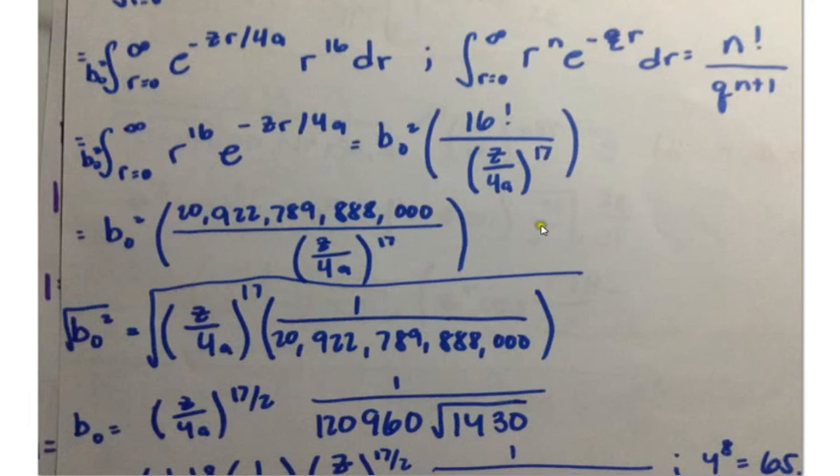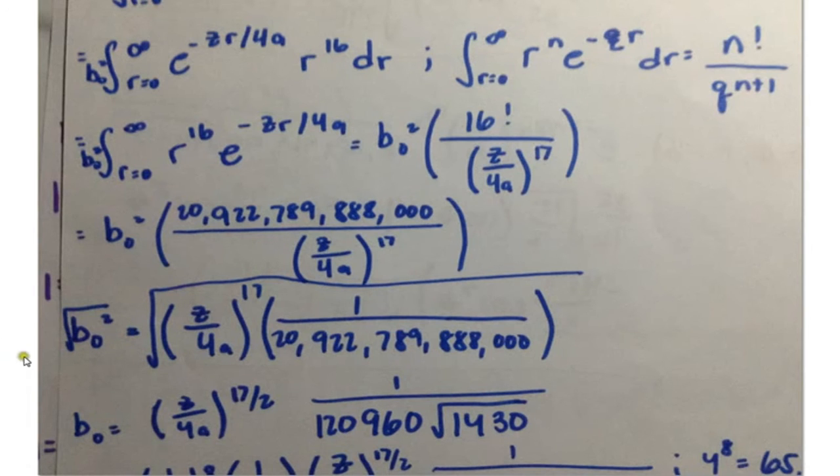So multiplying both equations, since this is still equal to 1, we multiply both equations by Z over 4A raised to 17 multiplied by 1 over 20,922,789,888,000, so that we will get the value for B0 squared, which is this one.